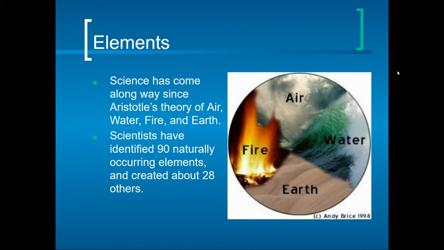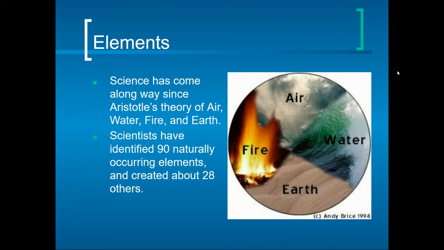All right, so science in general has come a very long way since the idea of elements. During the very early days of science, we're talking around the Greek scientists, that time period, Aristotle provided a theory that all things on Earth could be made from fire, air, water, and earth.